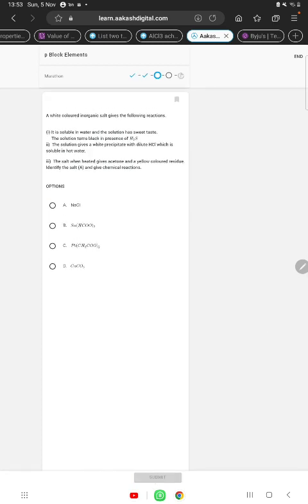A white colored inorganic salt gives the following reactions. It is soluble in water and the solution has a sweet taste. The solution turns black in the presence of H2S. The solution gives a white precipitate with dilute HCl, which is soluble in hot water. The salt when heated with acetone gives a yellow colored residue. Identify the salt.